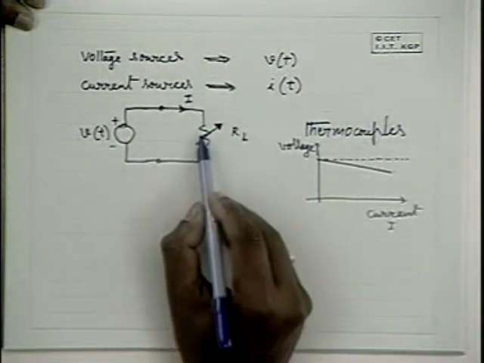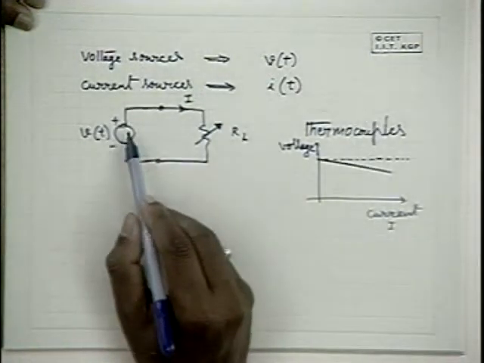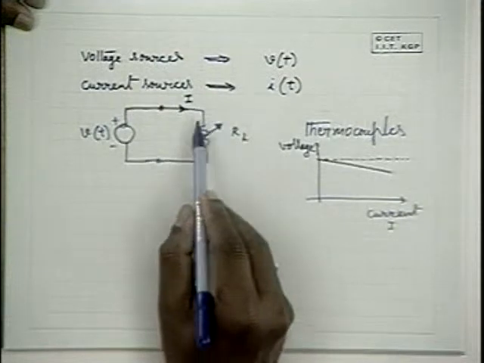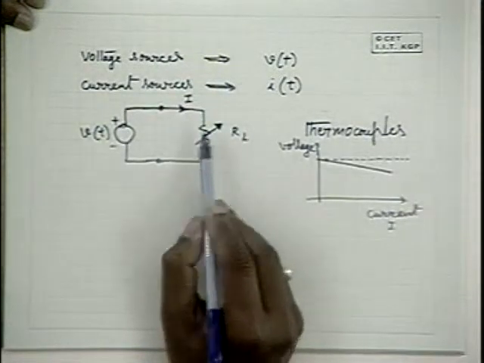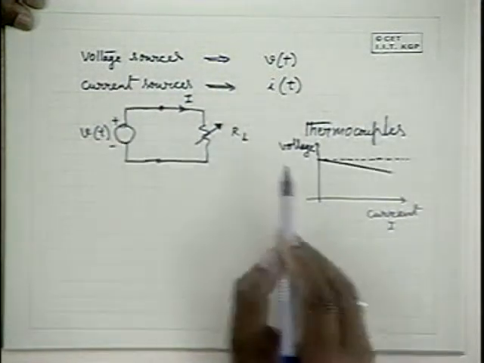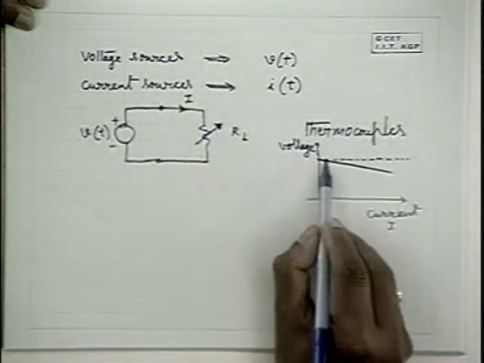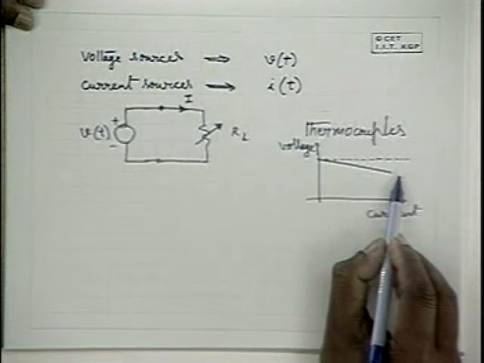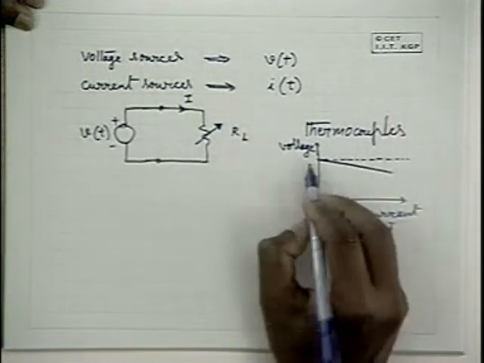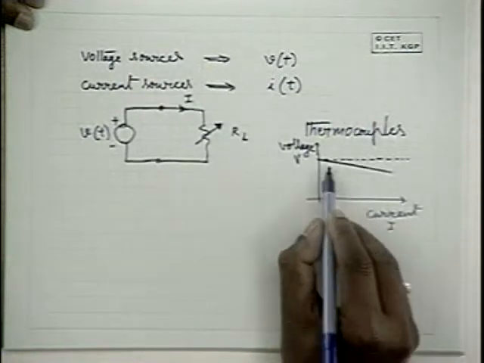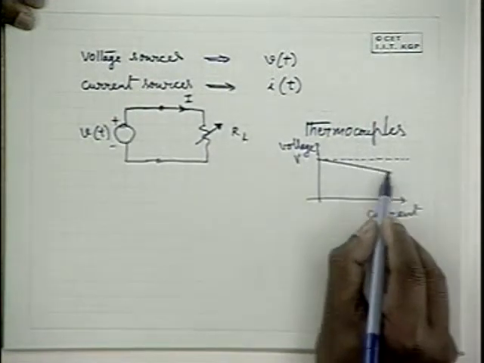If you connect a small resistance, the voltage drops to some extent. If the resistance is large, the voltage is large. So the voltage of the voltage source is governed by this kind of an equation. When current is 0, it is V, and when current is high, it falls to some extent.